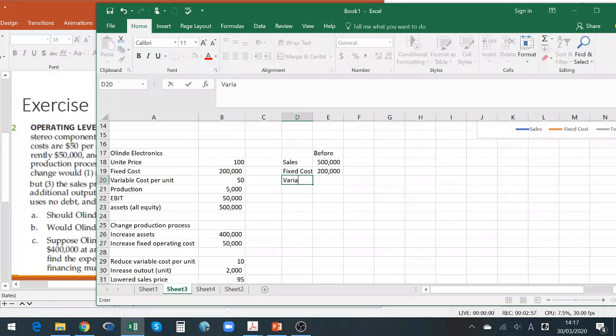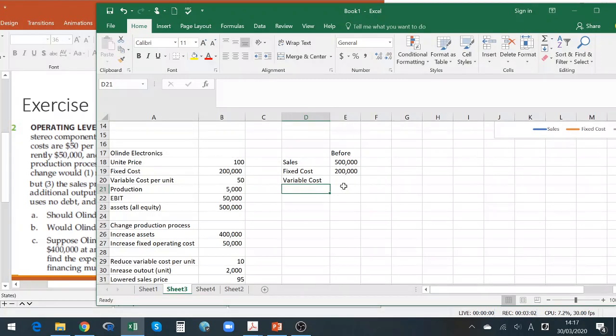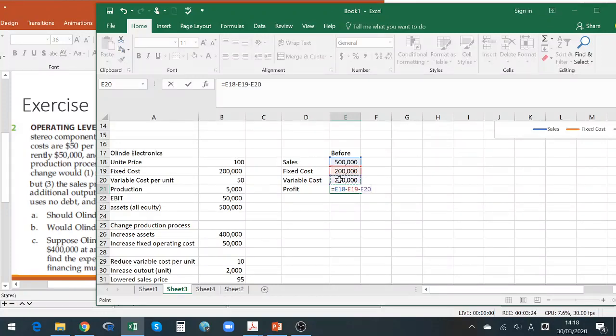You have variable cost, which is equal to 50 times how many units you produce, 5,000 units. So your profit is basically sales minus cost. I did there two costs, so it's 50,000. So it's actually already calculated EBIT equal to EBIT.